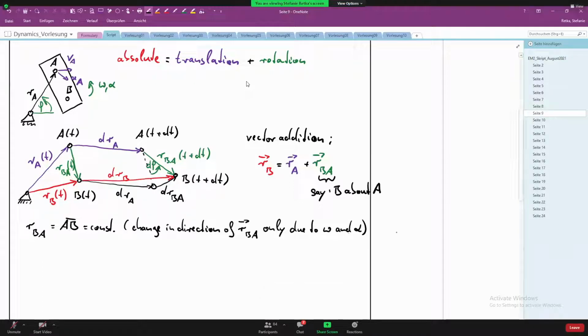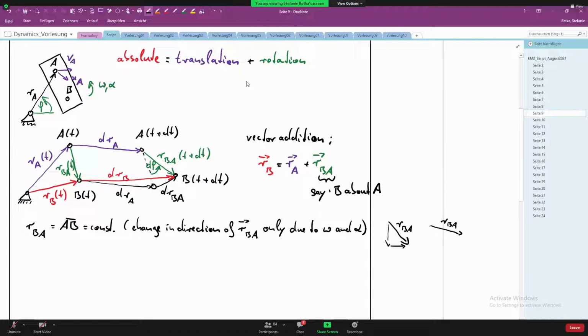So for example, if this is our vector RBA, then these would be the components, y component and x component, which we could state in our vector. And a little bit later in time, this might be the distance RBA.